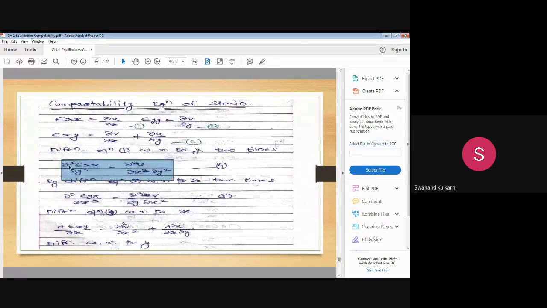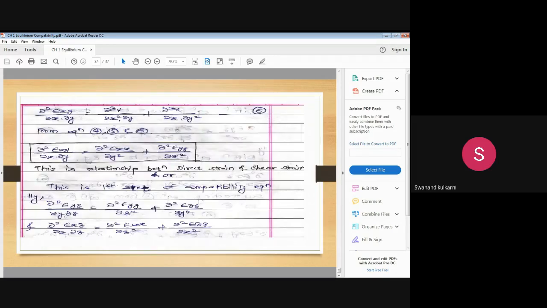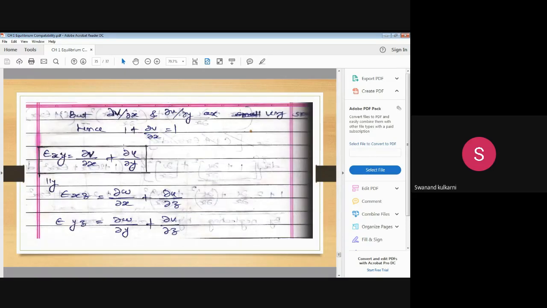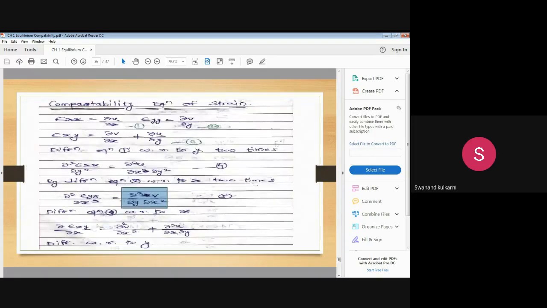For that it becomes ∂²epsilon xx/∂y². So this term is present as a replacement term of this one. So here this one is the replacement part for this particular equation. Is it okay? Similarly, this ∂²epsilon yy/∂x². Here we can see ∂²epsilon yy/∂x² is nothing but ∂³v/∂y∂x². So here you can study, you can understand this thing.